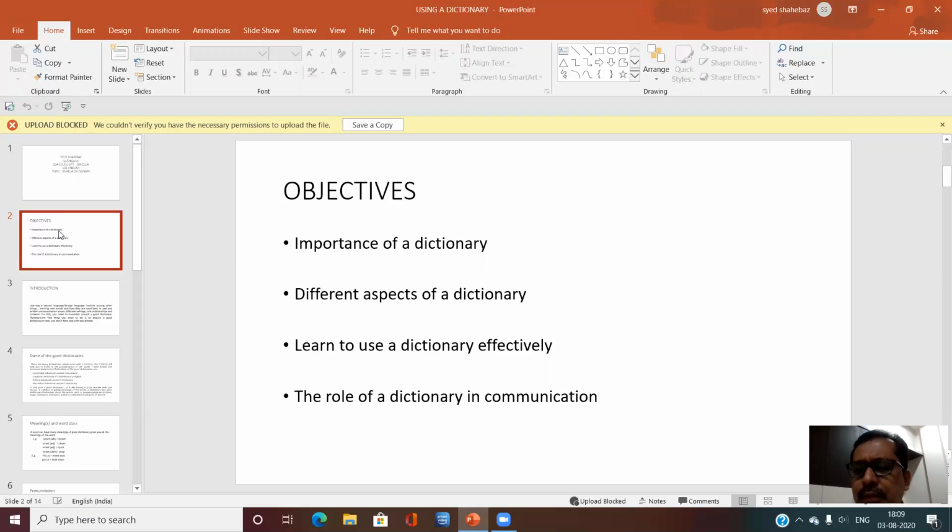So, a dictionary is a very important tool for a student to learn the English language.